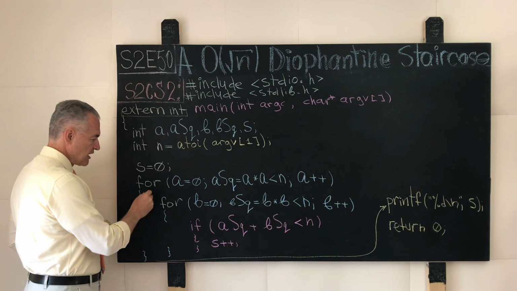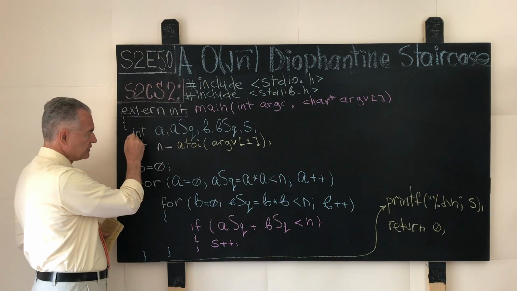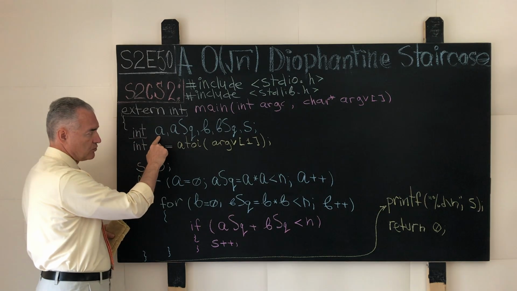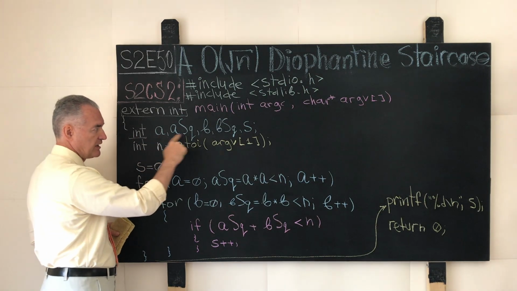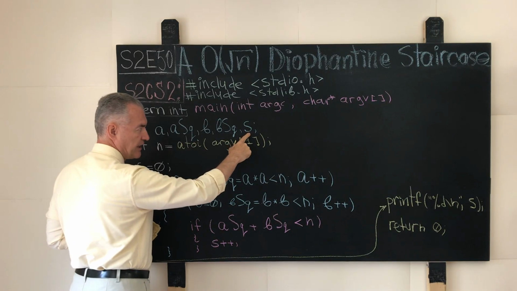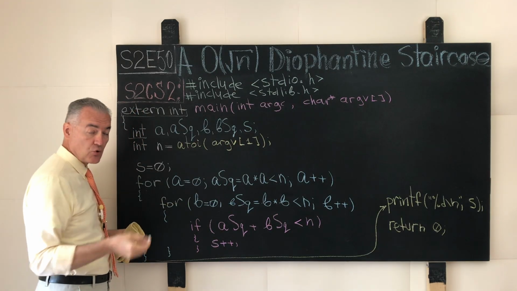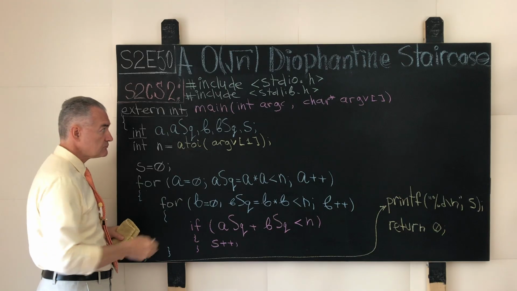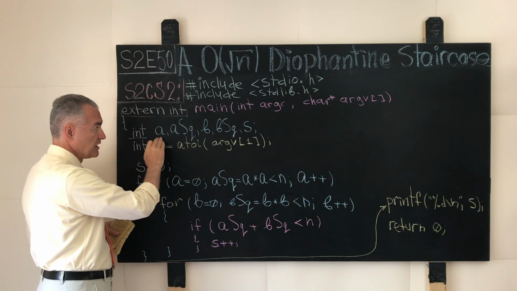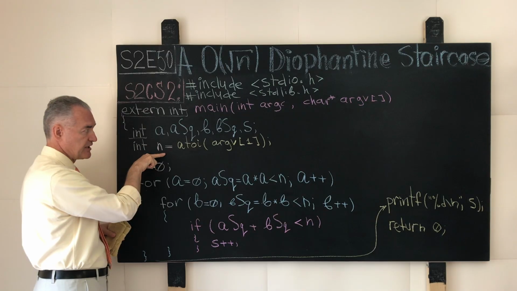For example, here we declare that the integers will be our usual suspects A and B. The variable S will store the total amount of ordered pairs of numbers A and B such that the sum of their squares is strictly less than n.